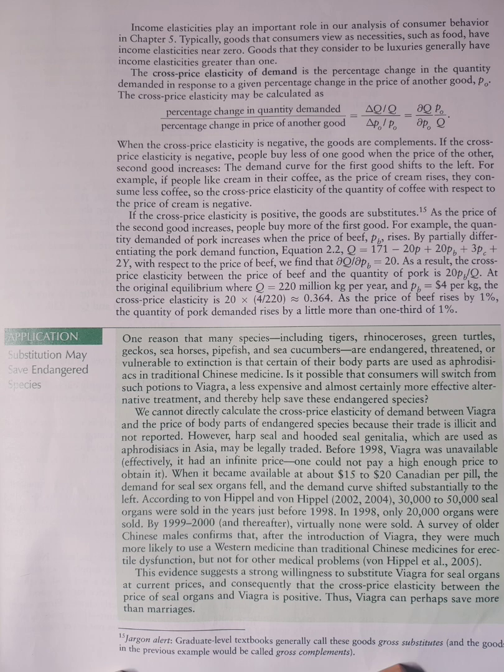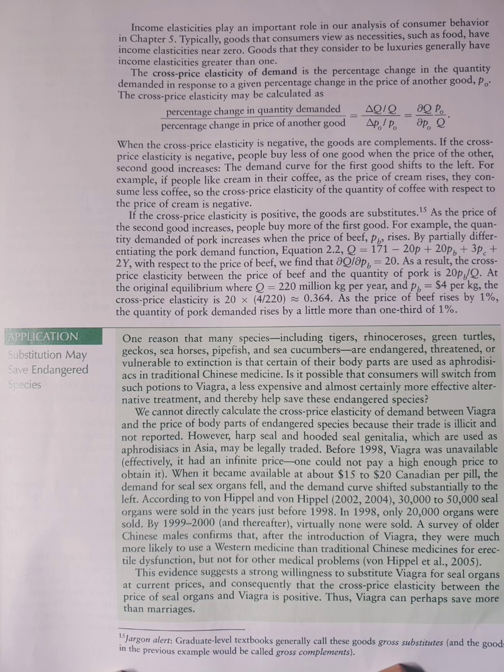By partially differentiating the pork demand function, equation 2.2, capital Q equals 171 minus 20P plus 20P sub B plus 3P sub C plus 2 capital Y, with respect to the price of beef, we find that the partial derivative of quantity with respect to the price of beef is equal to 20.